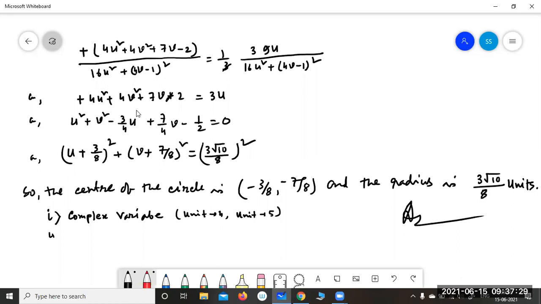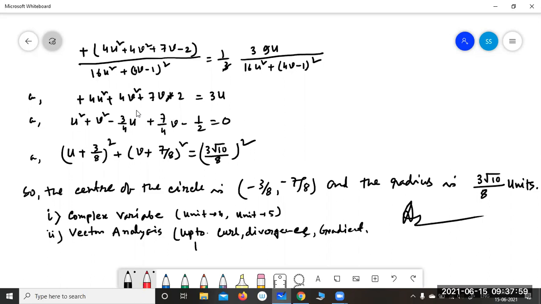And number 2 is vector analysis up to curl, divergence, and gradient as well as directional derivative.